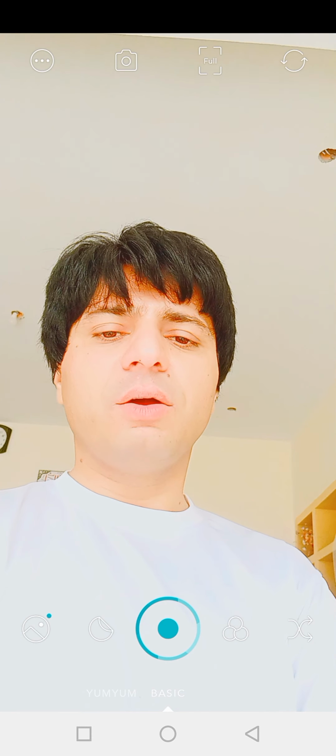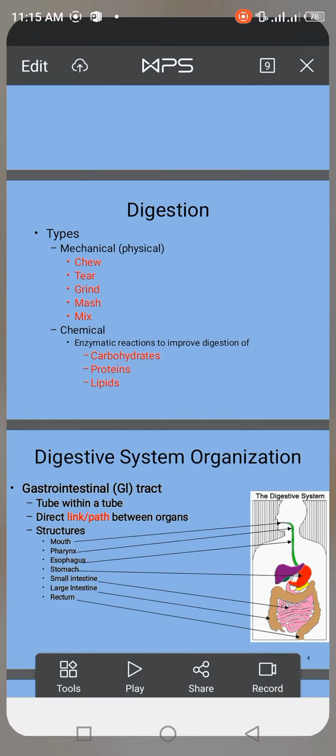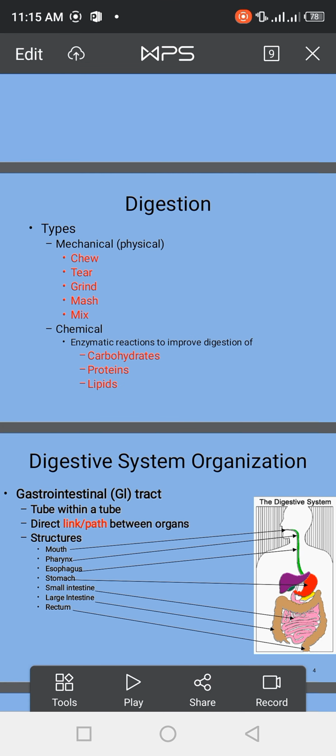Now going to the next point: chemical digestion. The second type is chemical; I have already told you about the mechanical. In chemical digestion, you can see enzyme reactions that improve the digestion of carbohydrates, proteins, and lipids.